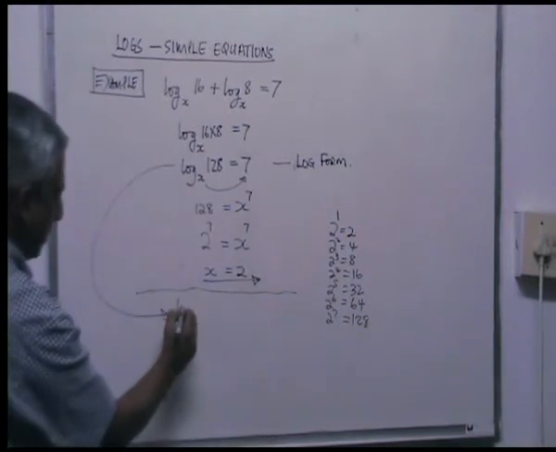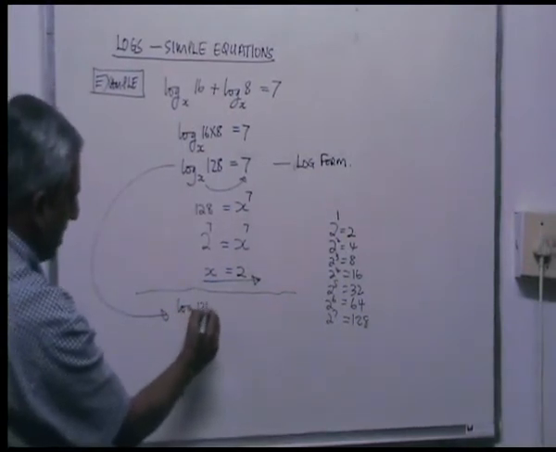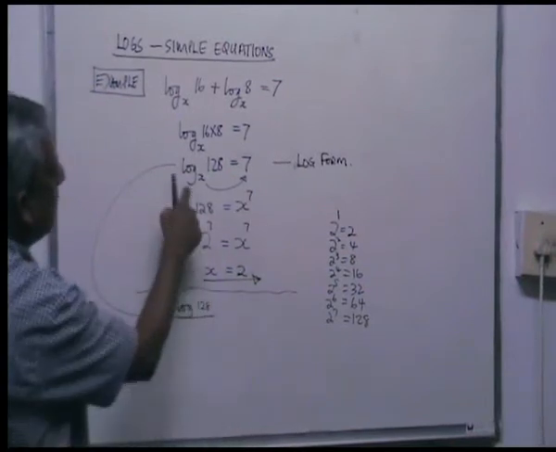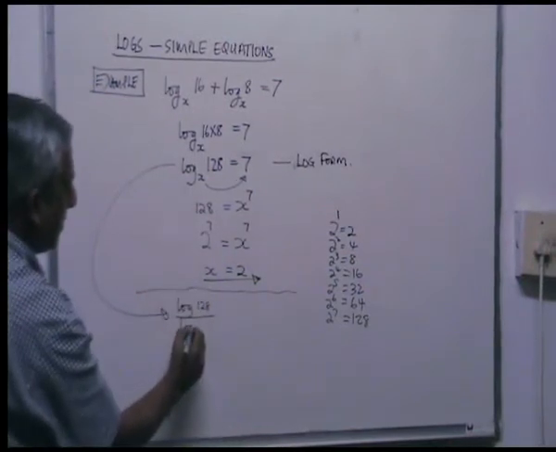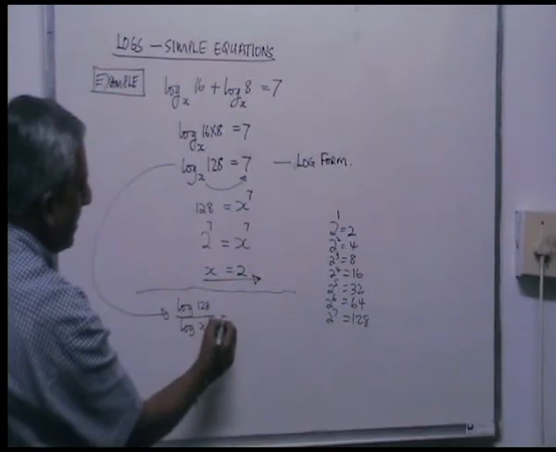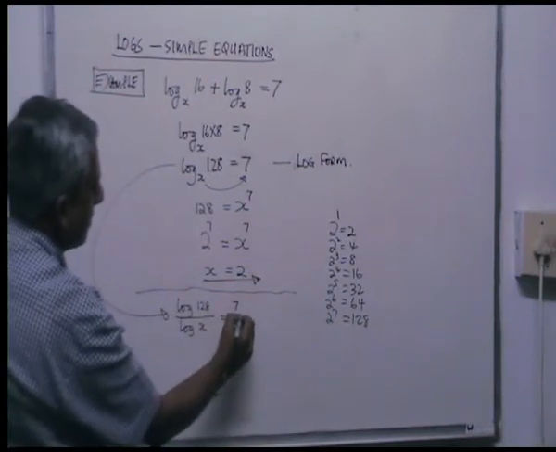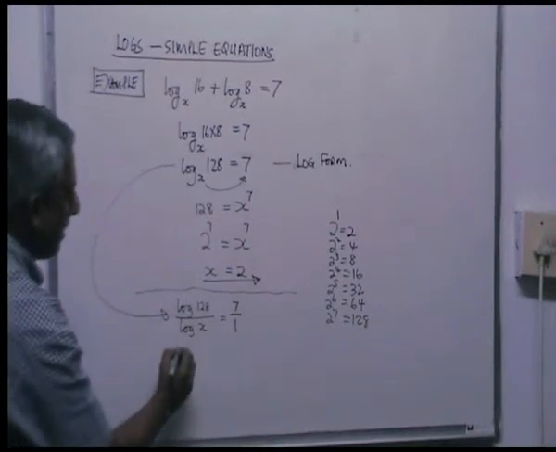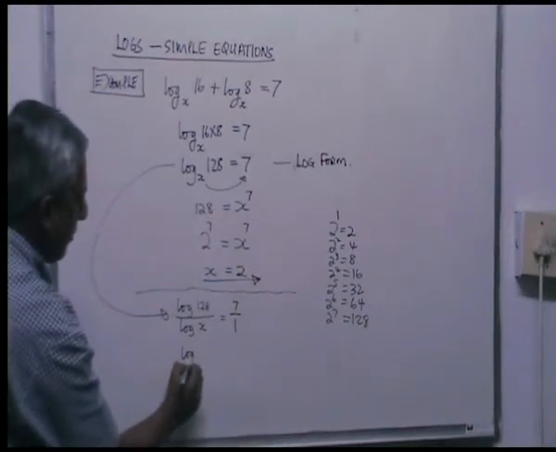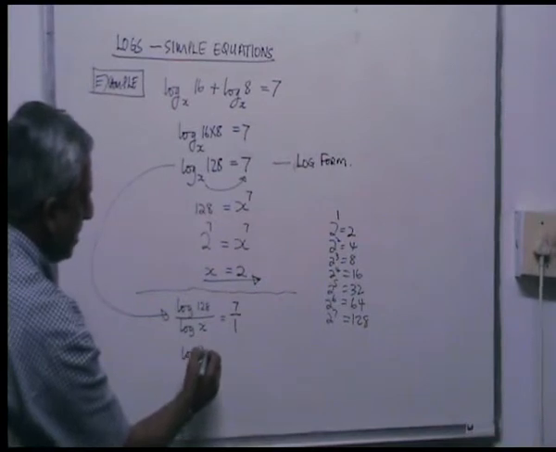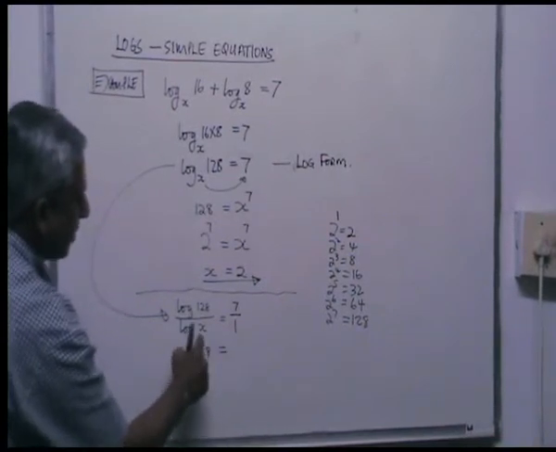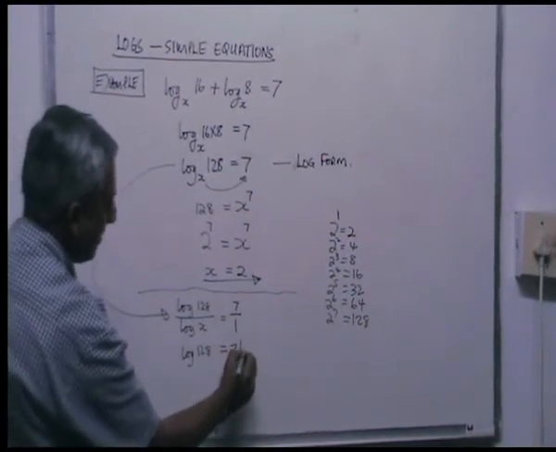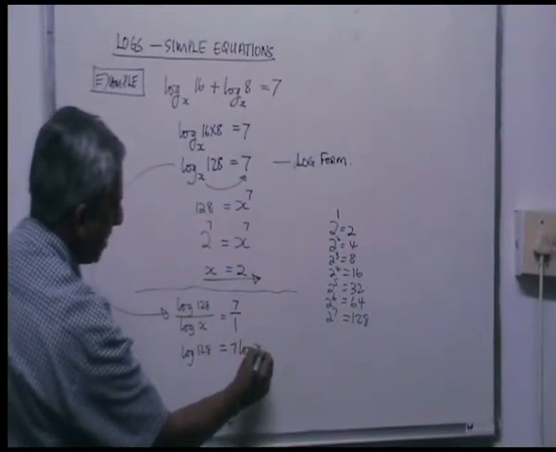So you can even change base if you like. You're going to say log of 128 over log of x is equal to 7. So that 7 will be 7 over 1. And you can cross multiply if you like. So log of 128 is equal to, if I cross multiply, 7 log x.